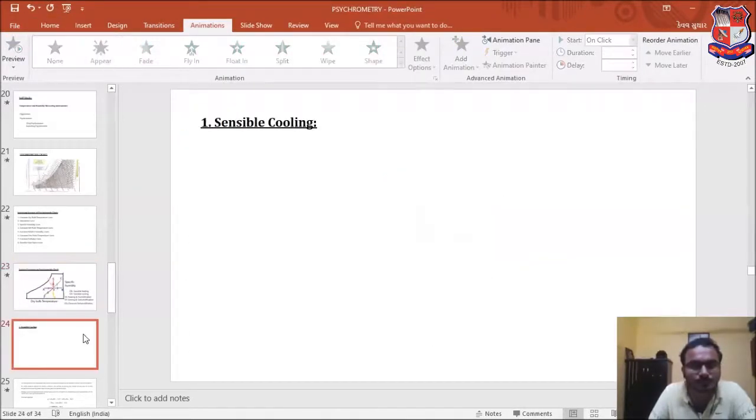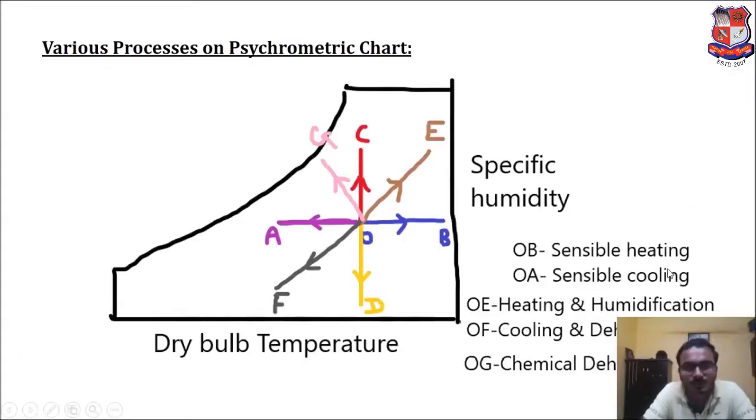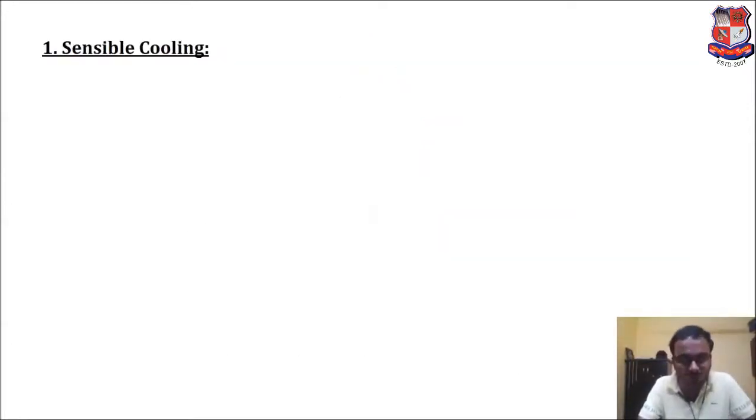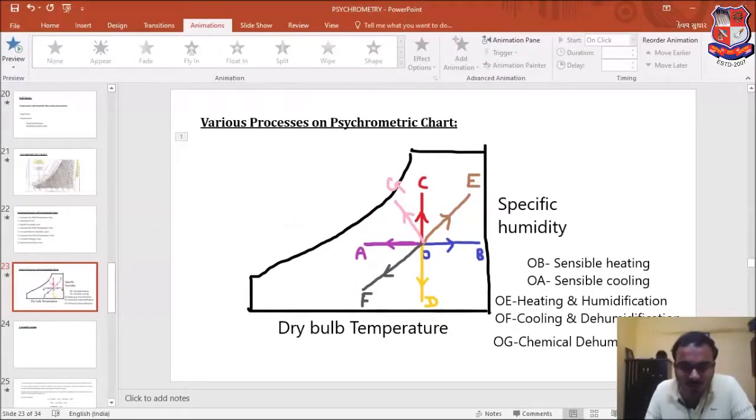Okay, so now we have studied all important psychrometric processes on the psychrometric chart. Now we will go one by one through each of these processes. The first process is sensible cooling, which is shown from O to A. To understand this, we will draw another figure.